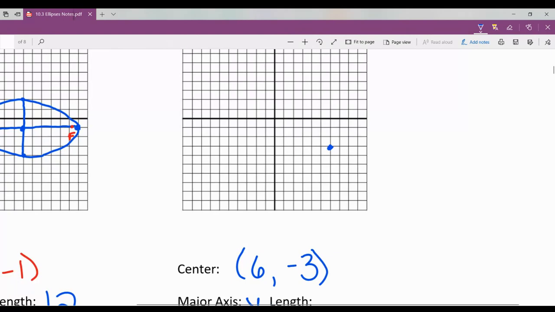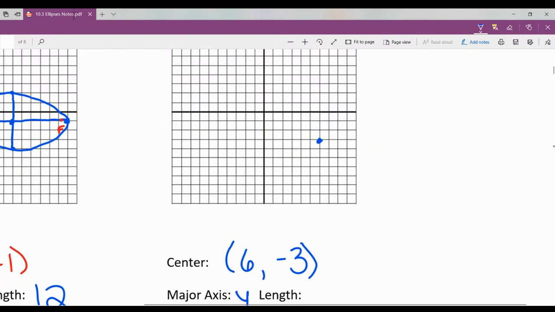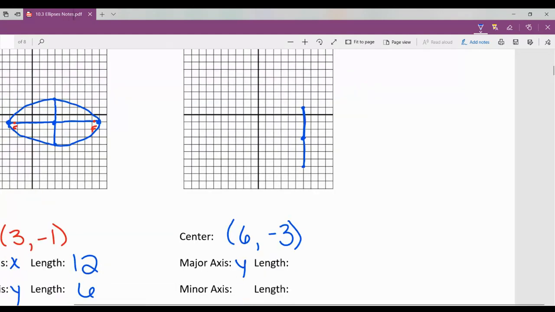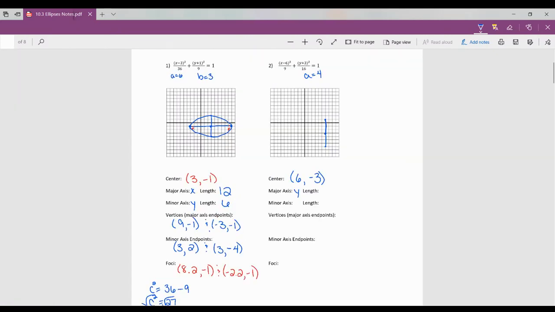So I'm going to count up and down 4. 1, 2, 3, 4. 1, 2, 3, 4. So my major axis is going to be vertical. And if it goes 4 up and 4 down, that's a length of 8.